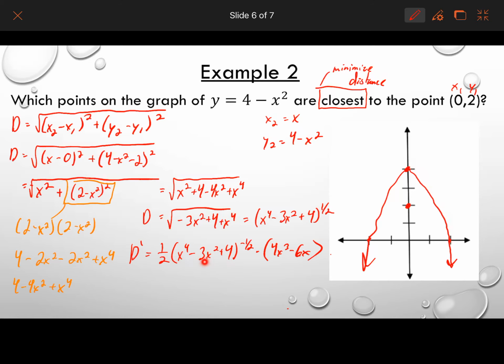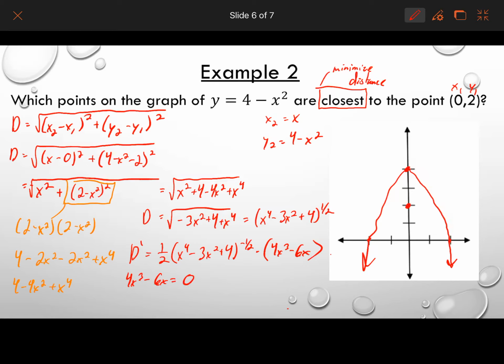You can easily verify it by just graphing it. So the only part of this that we care about is this 4x cubed minus 6x. So we're going to set that equal to 0. So 4x cubed minus 6x is equal to 0.